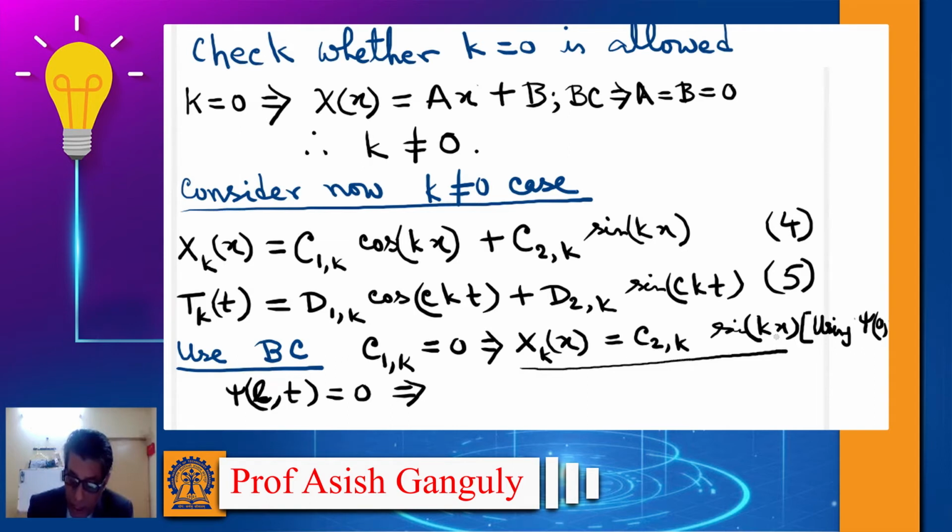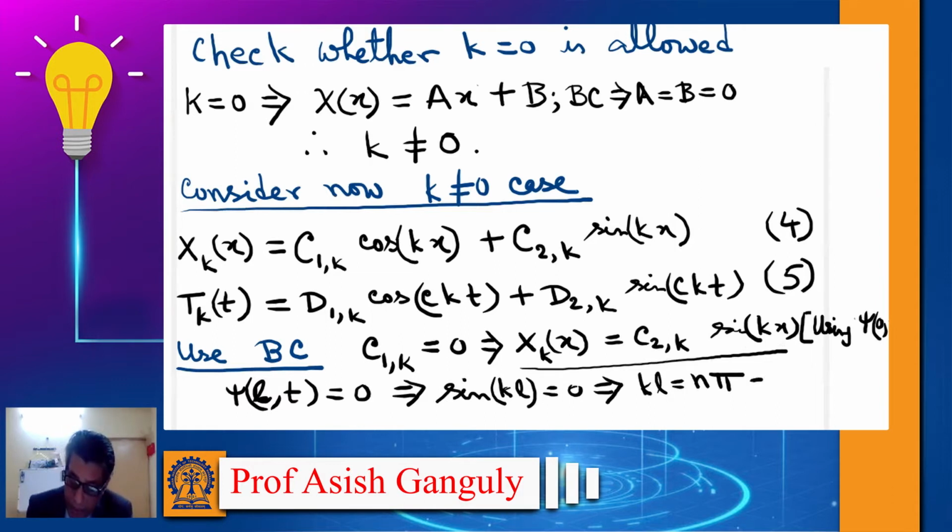you will see that now you cannot say C2k equal to 0 because then capital X will be 0. It is not allowed, an eigenvector must be non-zero. That means the sine part must be 0 at x equal to L. So from here sin kL equal to 0. That means you get eigenvalues, because kL equal to n pi, right?